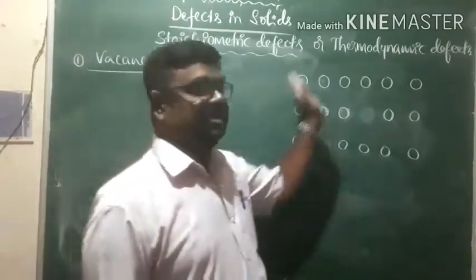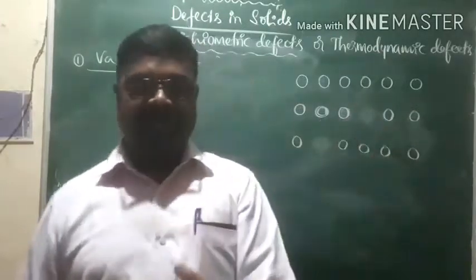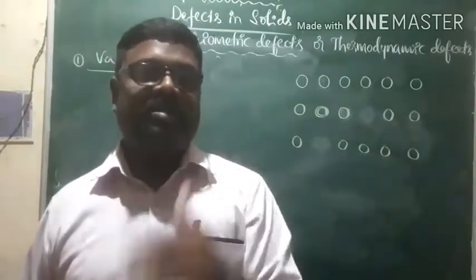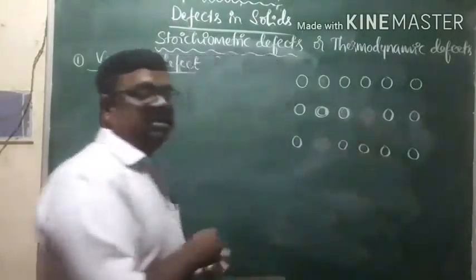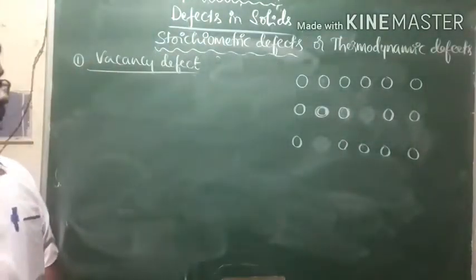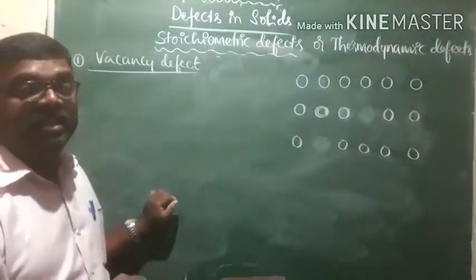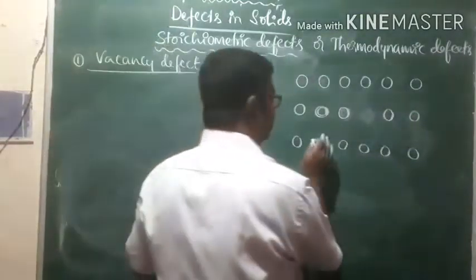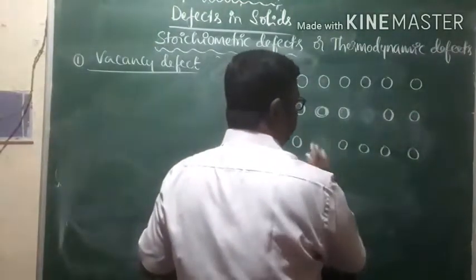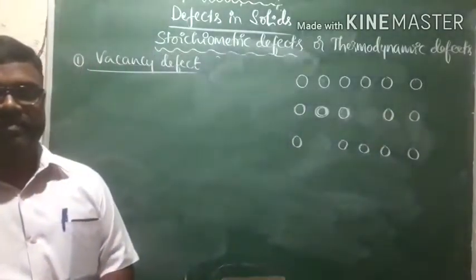If some particles, maybe atoms or molecules, are missing from their normal sites, a vacant site is created. That is what we call a defect.